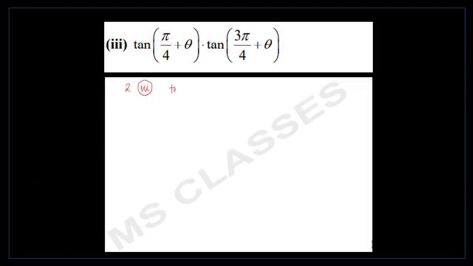Tan of pi by 4 plus theta into tan of 3 pi by 4 plus theta.